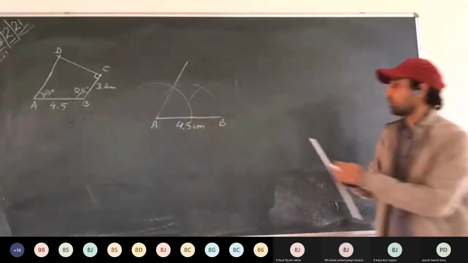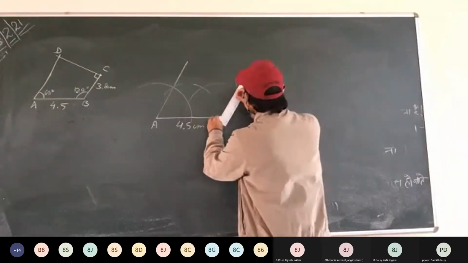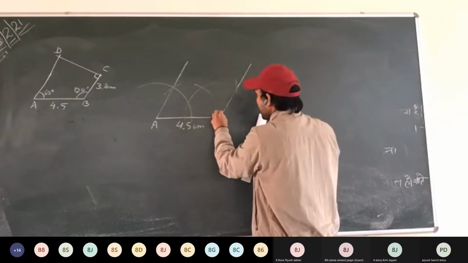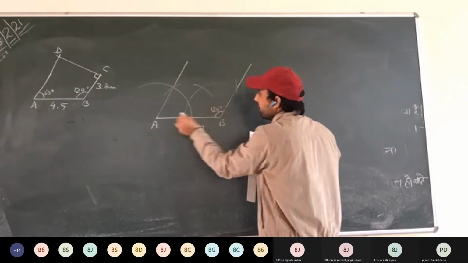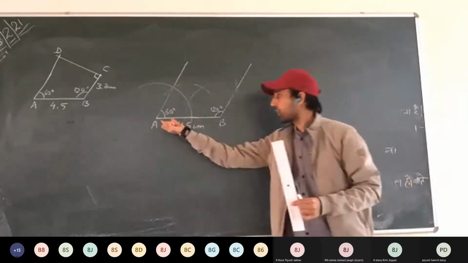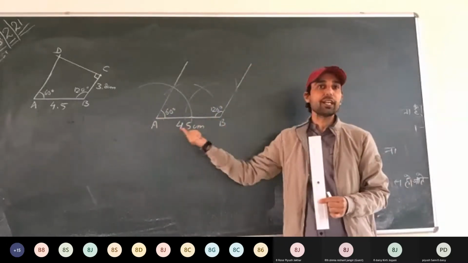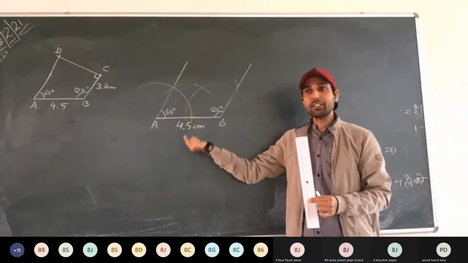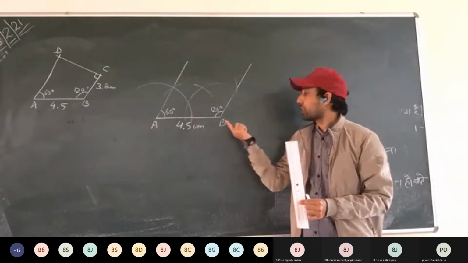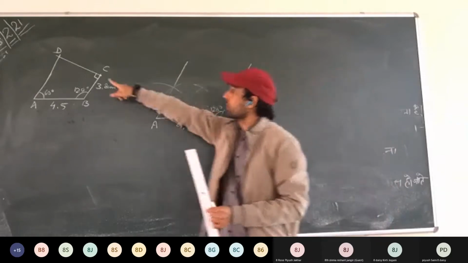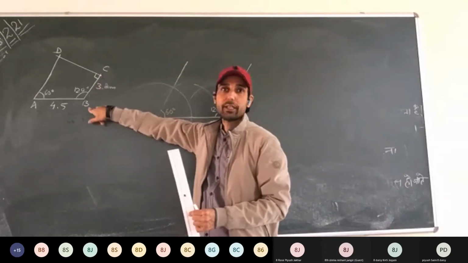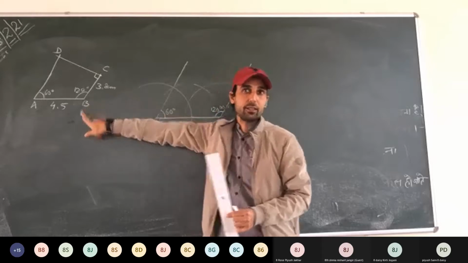Now this angle is 120 degrees, and this is 60 degrees. With a protractor as well we can check whether we have drawn correctly or not. So always keep checking in between. Now the C vertex, how far is C from B? 3.8 centimeters.